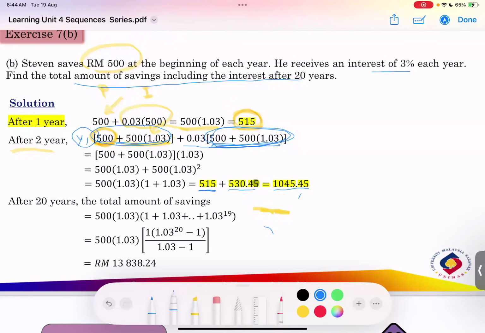After 20 years, you will get this amount of money.